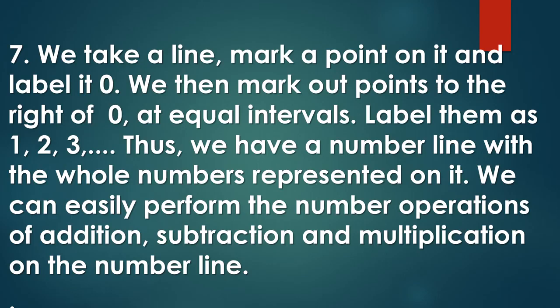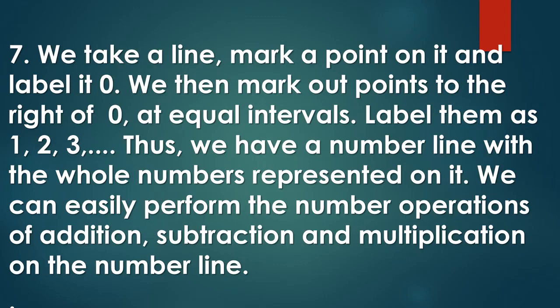We take a line. Now I am telling you about the number line. We take a line, mark a point on it and label it 0. We then mark points to the right of 0 at equal intervals, and label them 1, 2, 3. Thus we have a number line with the whole numbers represented on it.